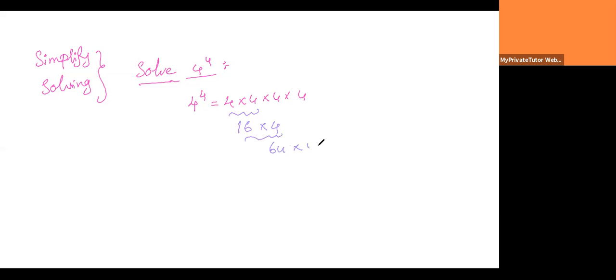And 64 times 4 is 256. So the answer of 4 power 4 is 256. Hope everyone is able to follow me. This is nothing but solving the question where we find the exact value, as opposed to simplification.